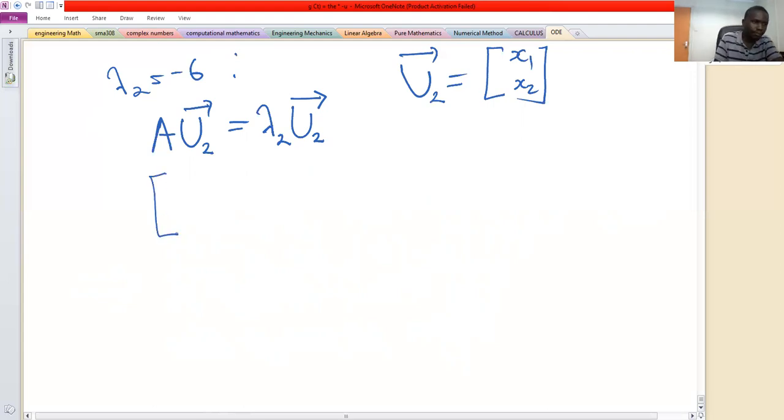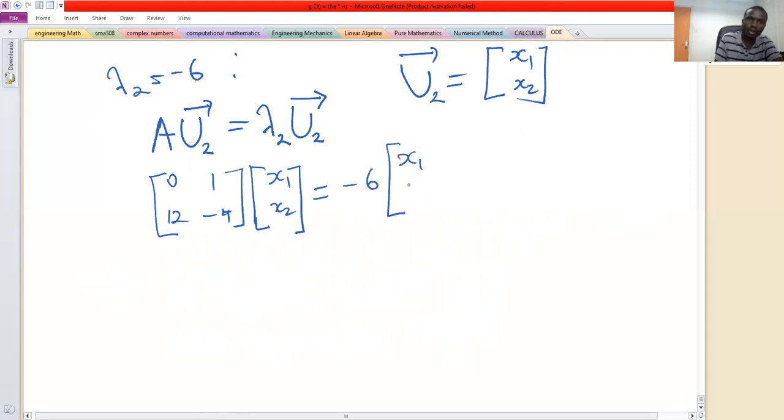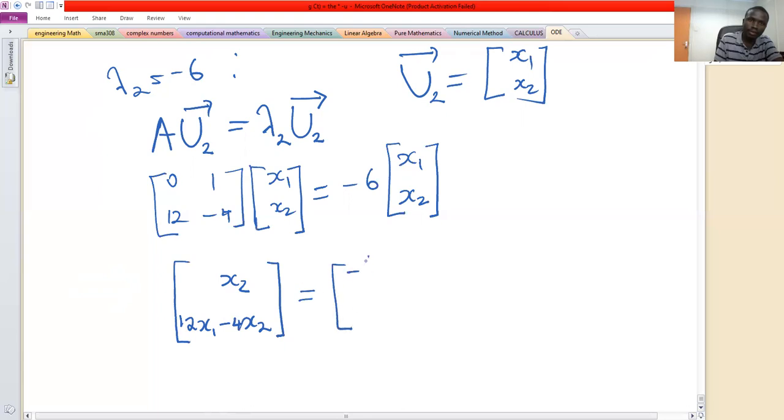So A for this case is [0, 1; 12, -4], and we have set U2 to be (x1, x2). Lambda 2 is minus 6, and then we have (x1, x2). 0 times x1 is 0, so we'll have x2, and then 12x1 minus 4x2 should give us negative 6x1 and negative 6x2.